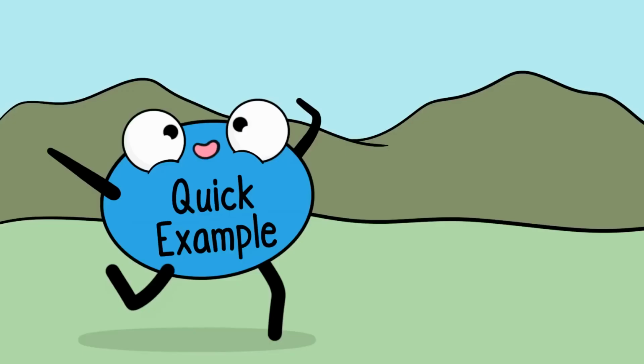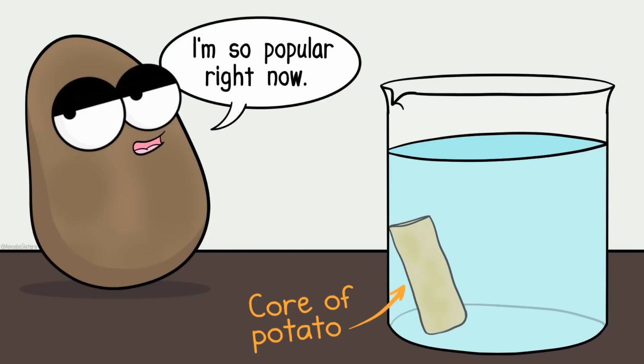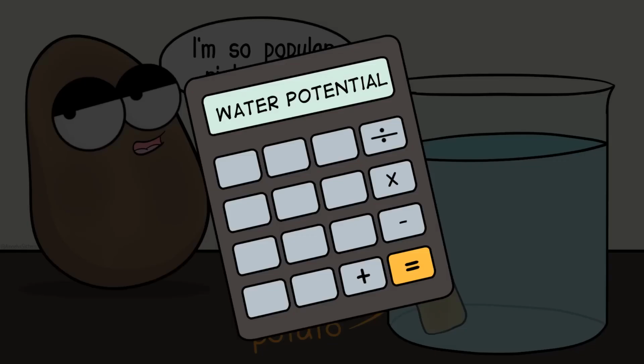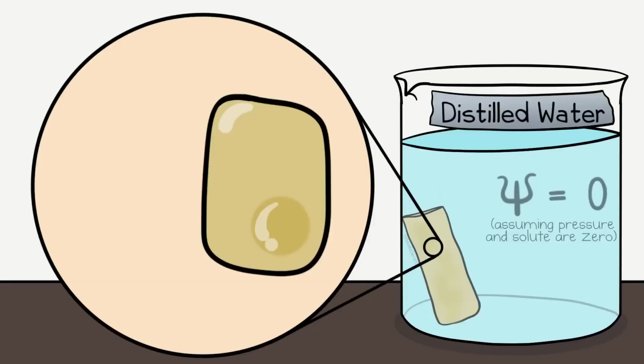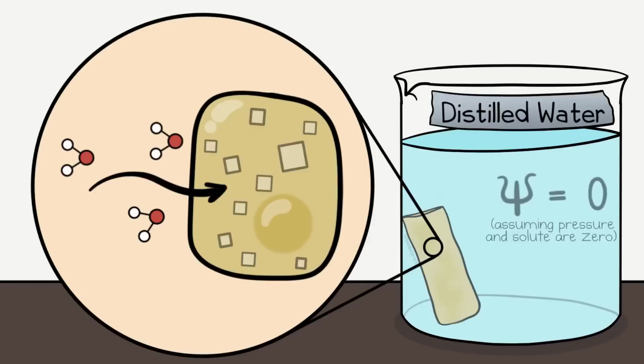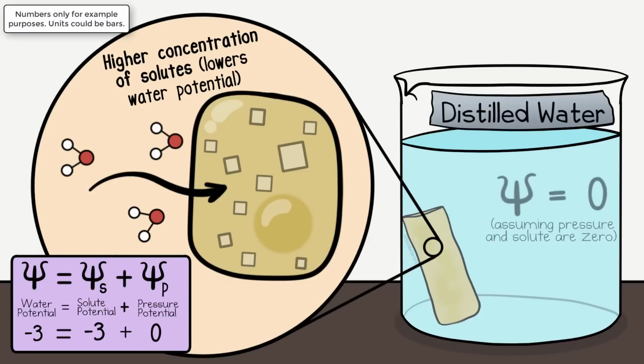So let's give a quick example. In the popular water potential in potato cores lab, all kinds of neat variations of this lab procedure exist online, you can calculate the water potential in potato cores using the water potential formula. When a potato core is first put into distilled water, that's pure water, the potato core cells start to gain water. You'd expect that the water is moving towards the higher solute concentration.